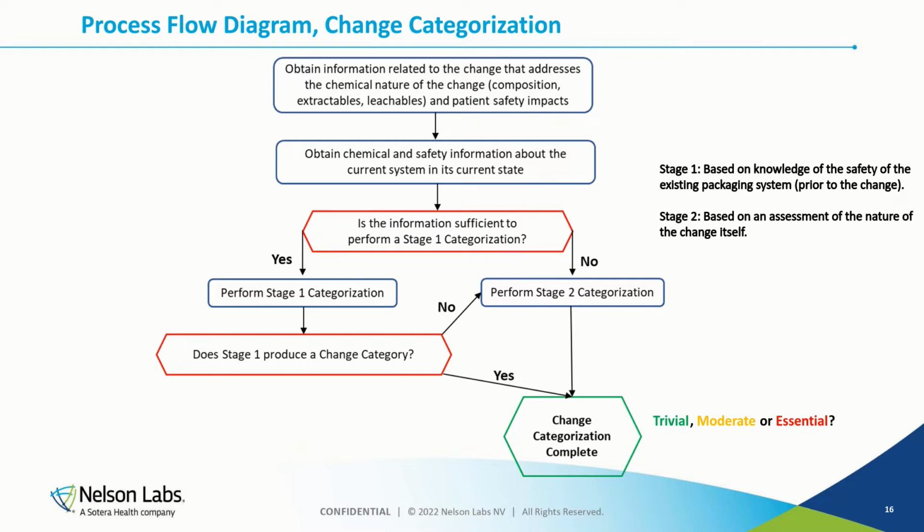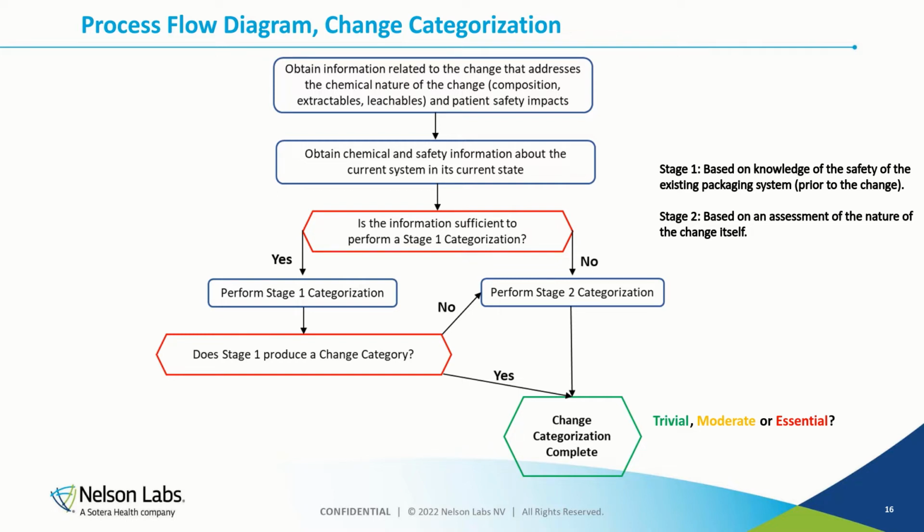Okay. And again, the way that you answer that question is you revisit the safety information that you have on that packaging system. The question that you need to ask yourself is: is the information sufficient to perform a stage one categorization? In other words, is the information sufficient that I can say the change is trivial, moderate, or essential?